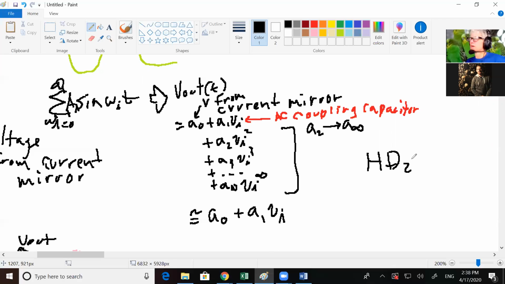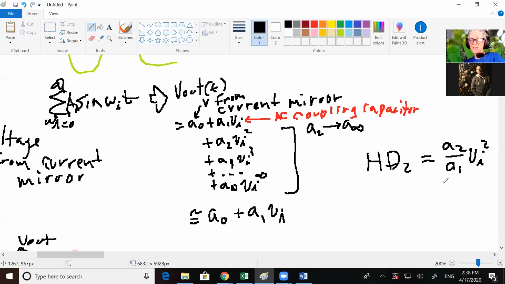You might have seen that on a box or two. That is actually, I think it's A2 over A1, EI squared or something. It comes directly from this equation. So that's kind of interesting. If you heard third order harmonic distortion, I think that's A3 over A1. So that's where those values come from.